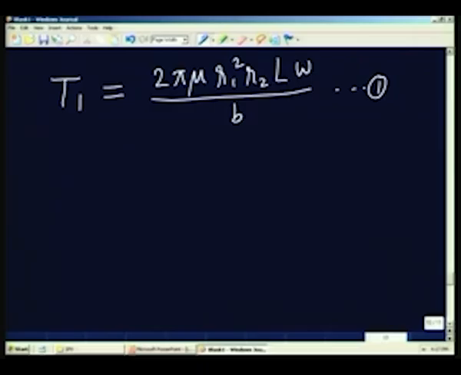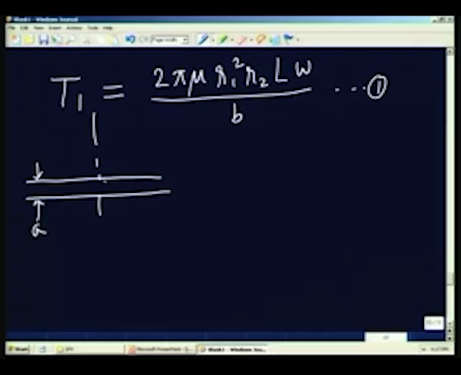Now let us look at the torque due to the film which is at the bottom of the cylinder. So if I draw the bottom of the cylinder, this is the axis and there is a gap of a, and at any location at a radius equal to r, this part is moving, this part is stationary.